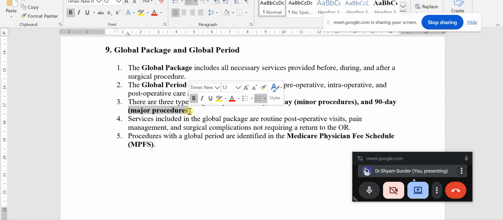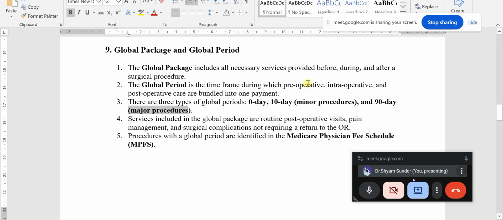Any E&M service cannot be billed separately during the global period because the surgeon has to examine, take the history, examine the patient. A decision has to be taken for the surgery, right? That's the reason everything is included in the surgical procedure CPT code. So no E&M code will be billed separately during this global period.